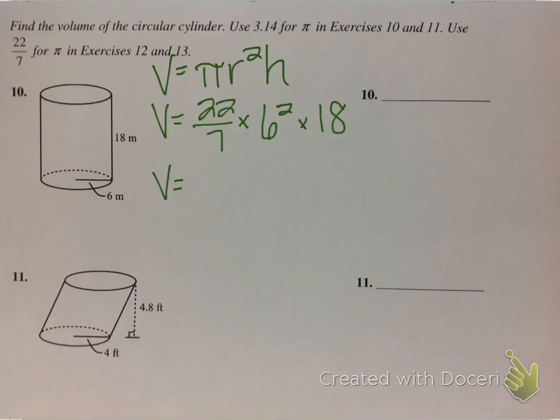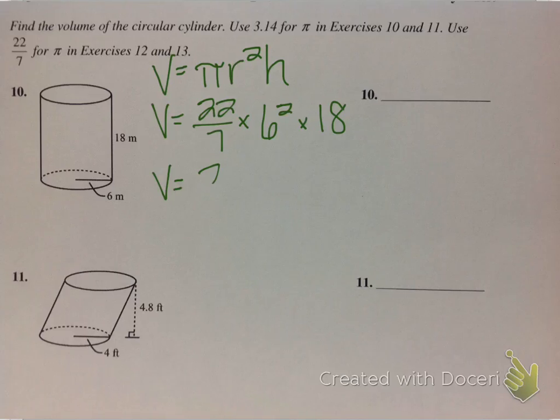And you can put it directly in your calculator this way. Enter in the 22/7 as a fraction, and then multiply it by 6 squared. Now remember, that's not 6 times 2, that's 6 times 6. You can either do 6 times 6, or your calculator should have a squared key on it, or an exponent key. So 6 squared, and then times 18.